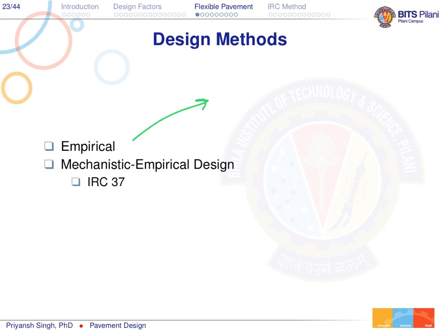And you also have an empirical, experience based relationship between stress and performance. This type of methodology is known as mechanistic empirical, where performance as well as the fundamental material characteristics both play a role. The IRC 37 method is one example of mechanistic empirical design.